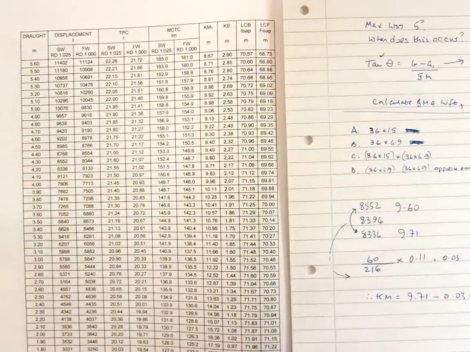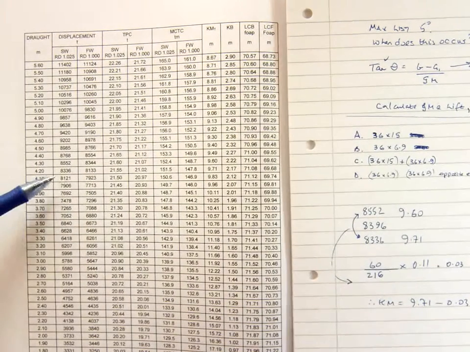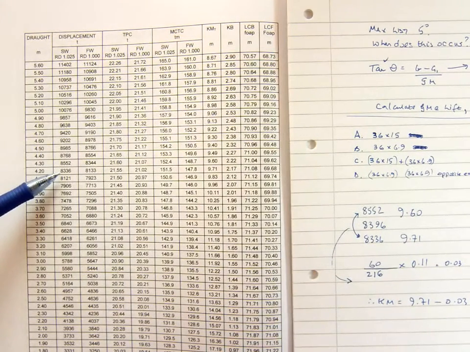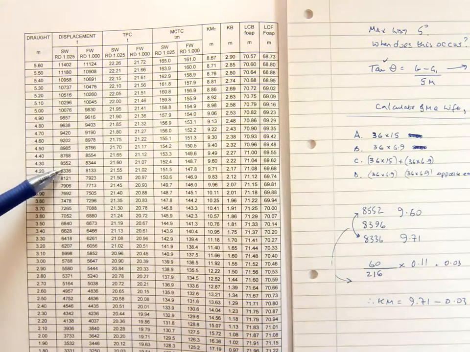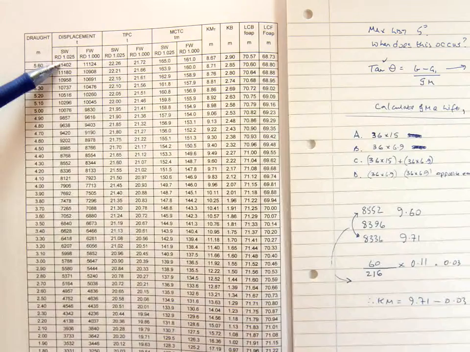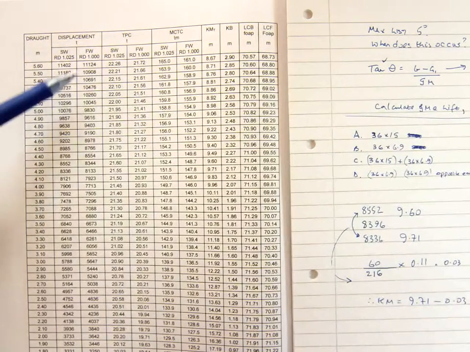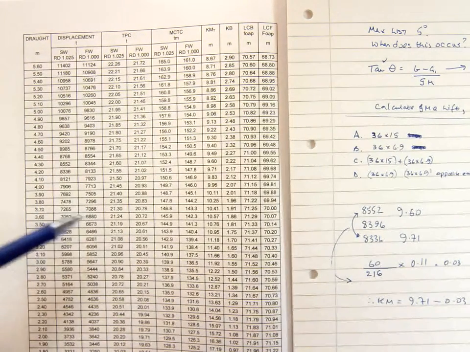So when we look at the hydrostatics, we have to find the two values of displacement that fall either side of 8396. And it's 8336, 8552. Be careful that you use the saltwater values. If we're in saltwater, obviously if we're in freshwater, we'd use the freshwater values.